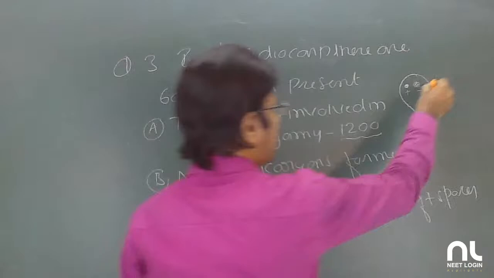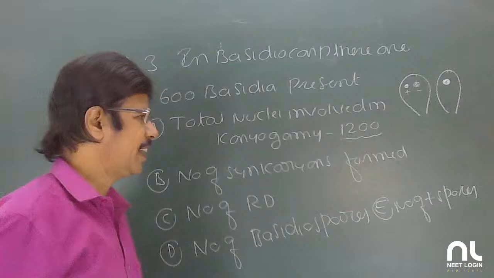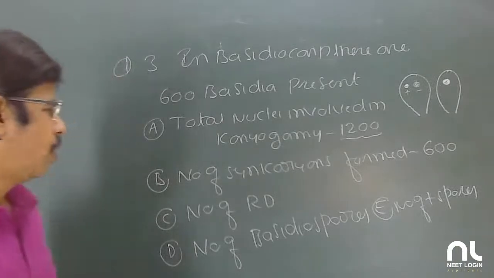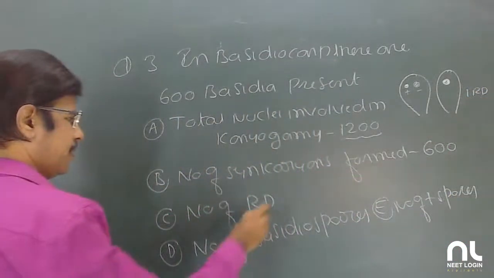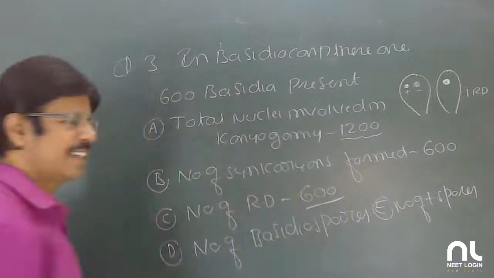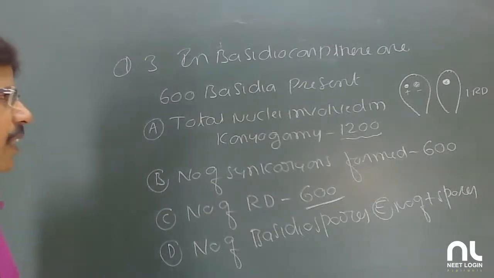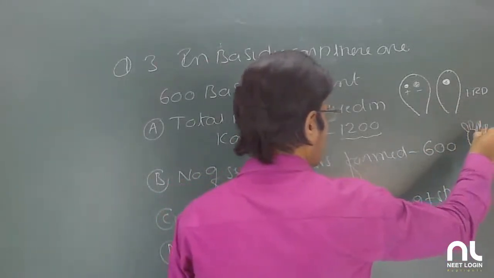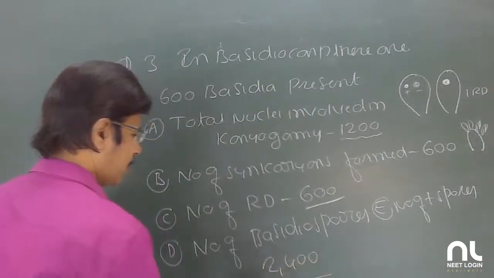Synkaryons formed: in each basidium, one synkaryon. So how many synkaryons are formed? 600. How many reduction divisions in each one? One reduction division. How many in total? 600 reduction divisions. Number of basidiospores: each basidium has 4. 2400.